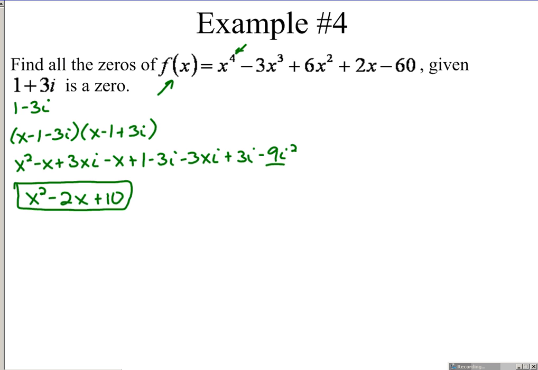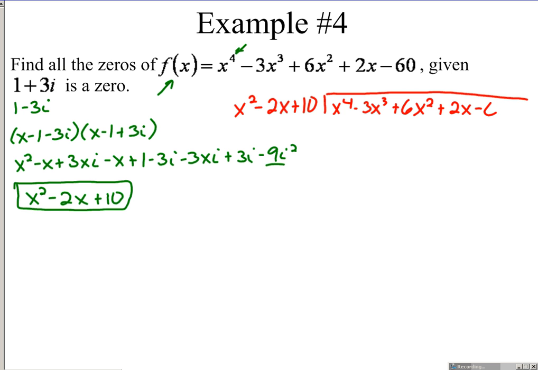So now to find the remaining factor, I can use long division. Divide x squared minus 2x plus 10 into that degree 4 polynomial. So we have x squared minus 2x plus 10, and we're dividing that into x to the 4th minus 3x cubed plus 6x squared plus 2x minus 60.